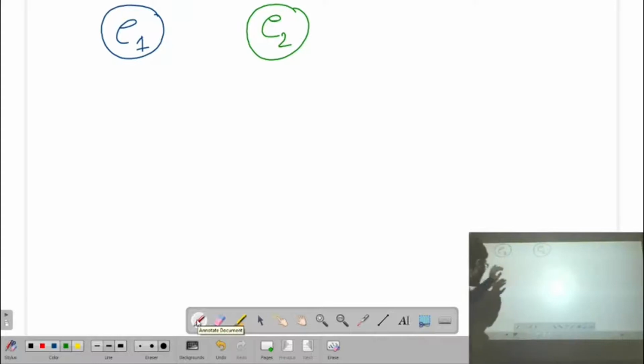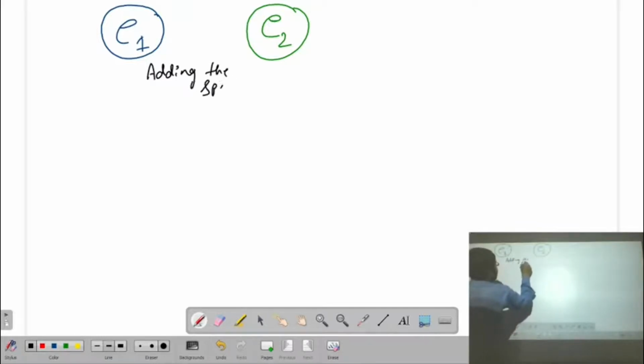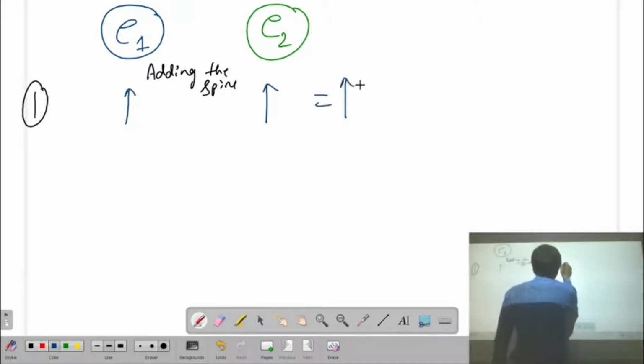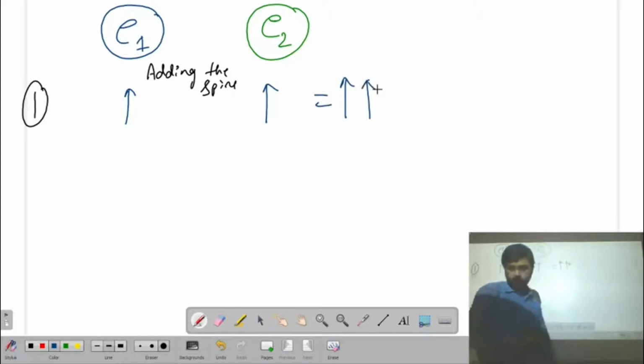Then if we add the spins of two electrons, we can have case 1, that is, this will have positive, this will have positive, then the total will be positive, right?